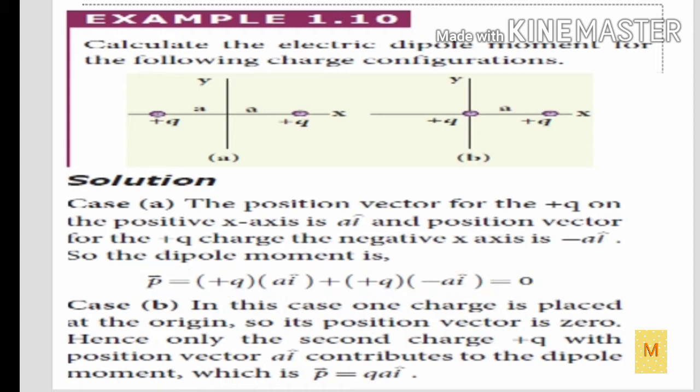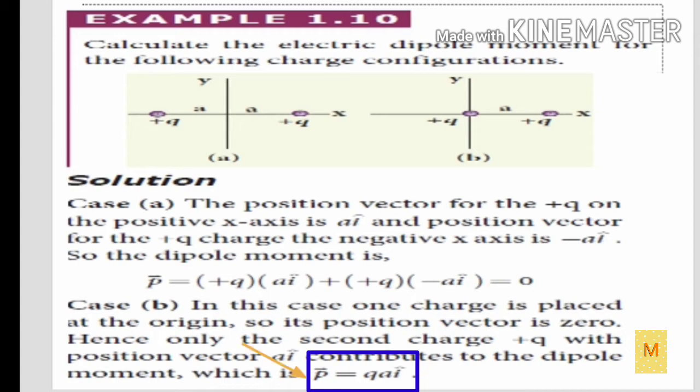See the next picture. Here also two charges are given. Both are positively charged, and one charge is placed along the x-axis in the positive direction at a distance a from the origin, and the other positive charge is placed exactly at the origin. What will be the dipole moment of this dipole?